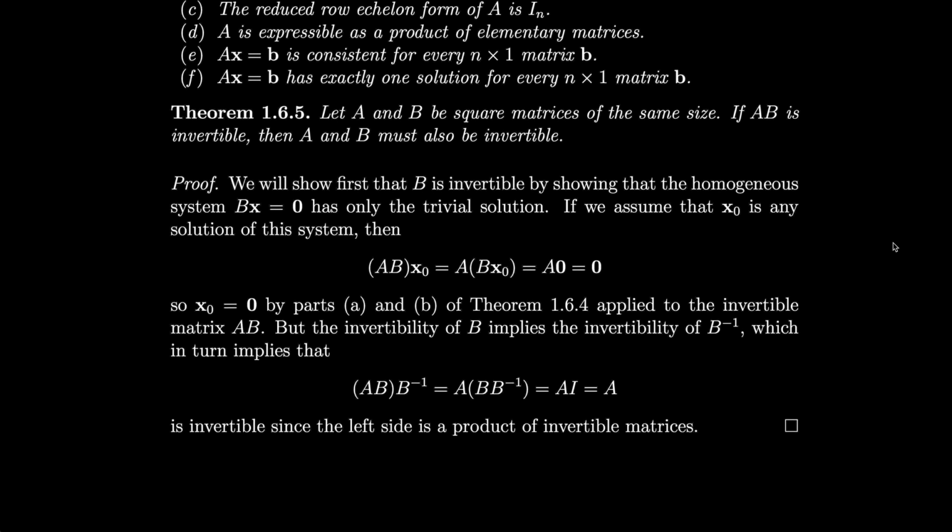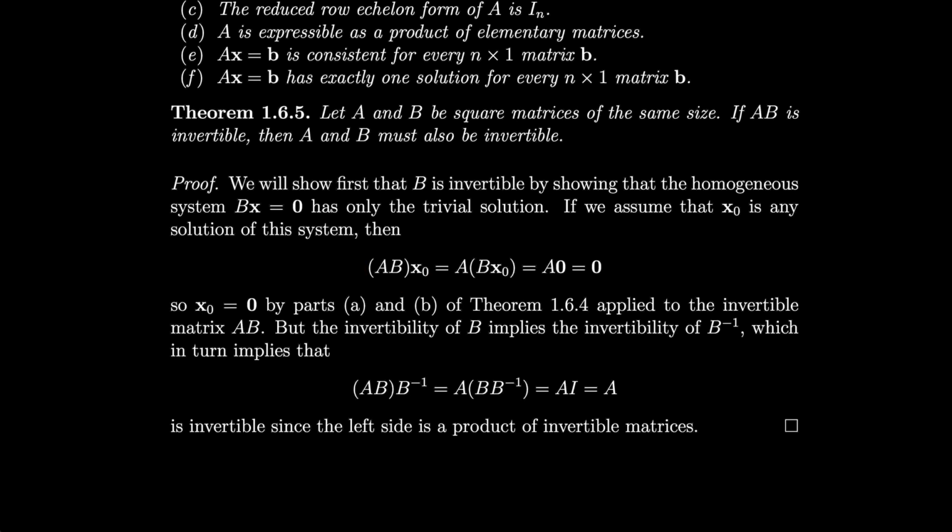We will show first that B is invertible by showing that the homogeneous system Bx equals 0 has only the trivial solution. If we assume that x naught is any solution of the system, then AB times x naught, which by associativity is the same as A times Bx naught. Remember, Bx naught is 0, so that means A times 0 is 0. So we have ABx naught is 0.